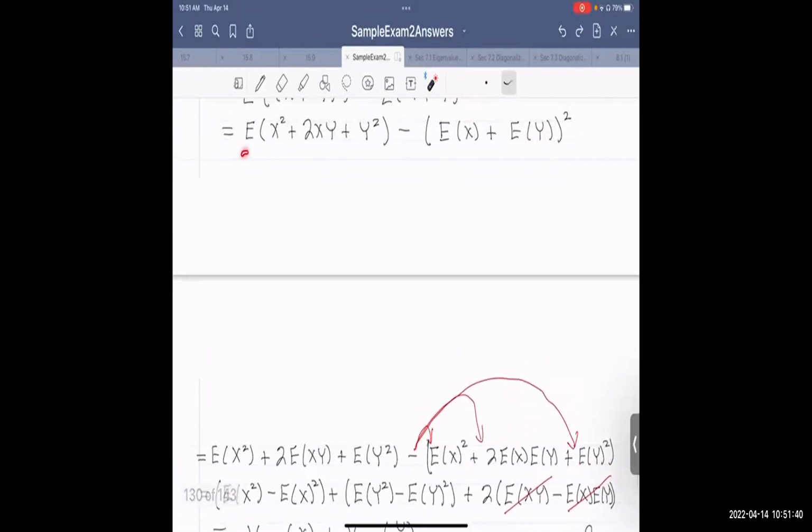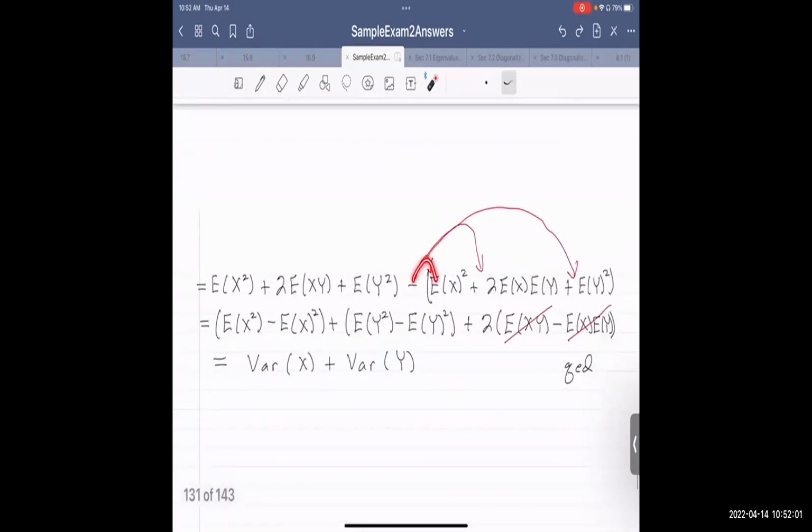Again, by the properties of expected value from section 5.1. Since the expected value is linear, we have that the expected value of this quantity is just the expected value of x squared plus, bringing out the constant in front, 2 times the expected value of xy plus the expected value of y squared. Let me bring the negative sign inside the parentheses.